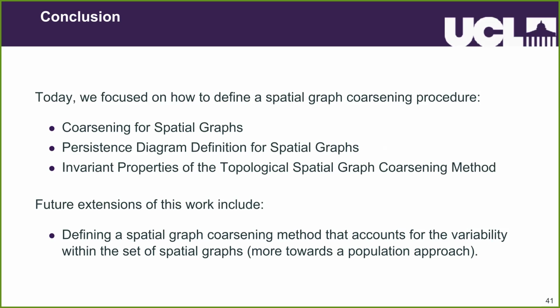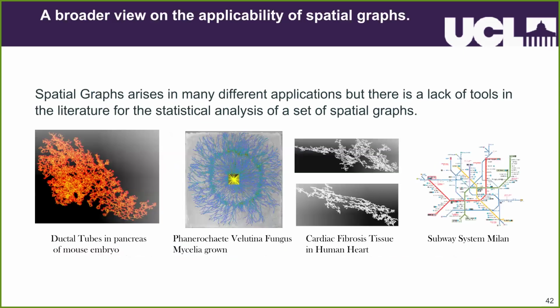So this coarsening procedure is now defined per graph, but I think it would be very interesting to start looking at the population, because the population has a variability that you might want to account for when you do this dimensionality reduction. So that's what I would like to do next. So to move more towards a population approach of the same coarsening procedure, and I think that's a further future extension of this work that I presented.